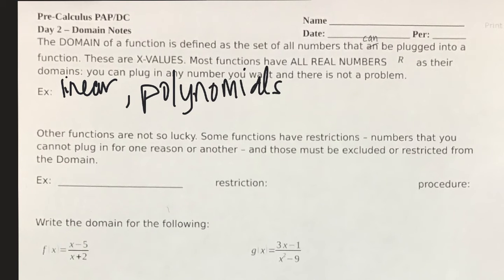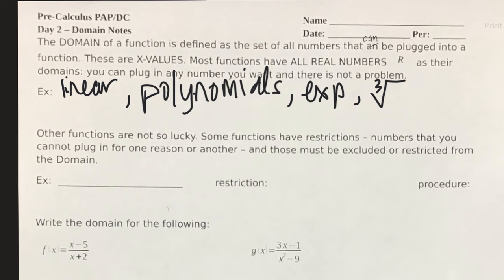Those would be like quadratics and cubics and fourth degrees and fifth degrees and sixth degrees, right? No problem with any of those kind of things. Okay, exponentials also have no domain restrictions. Cube root functions don't have any domain restrictions.